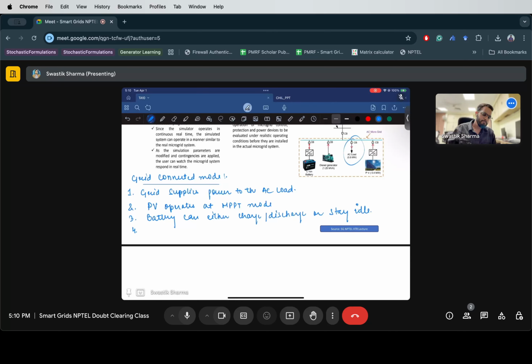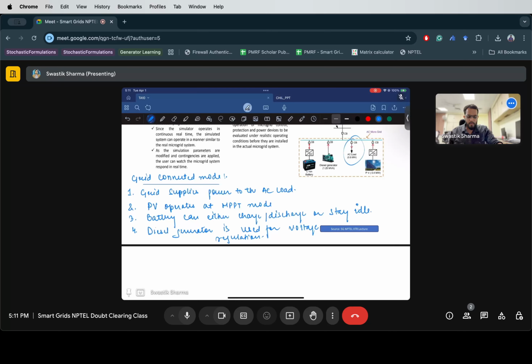And what does the diesel generator do? The diesel generator is used to regulate the voltage if there is any fluctuation. Because a PV array is connected, there can be intermittencies, and the diesel generator helps in regulating the voltage of the AC microgrid.